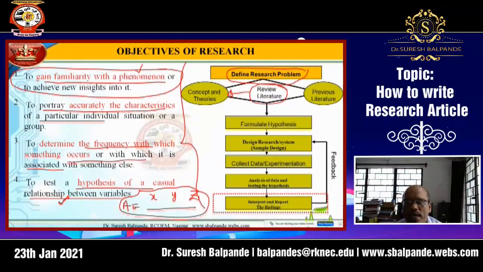And if you get some information that this problem statement is not feasible, then you can refine, you can change your problem statement. So these two important blocks are very helpful to decide whether your work is based on state-of-the-art technology or not, or whether it is a current problem or not.